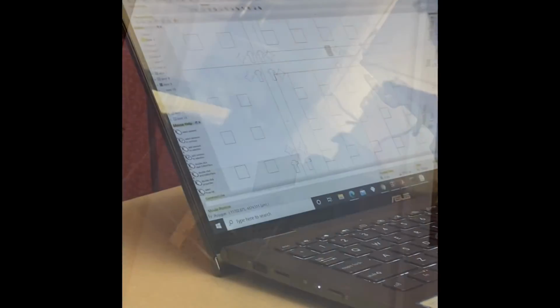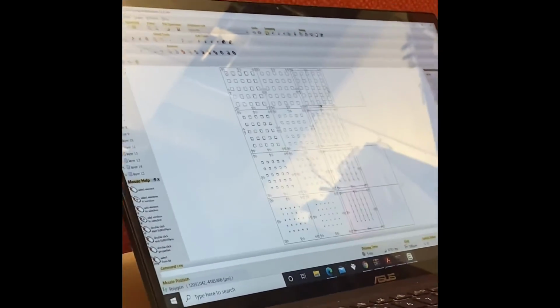So I'm just going to X out. Actually, let me save this as separate, without Boolean. So yeah, I would make it so that it's not overlapping.